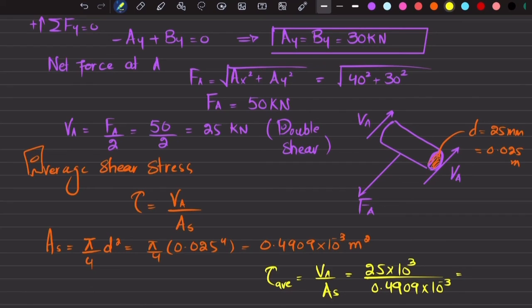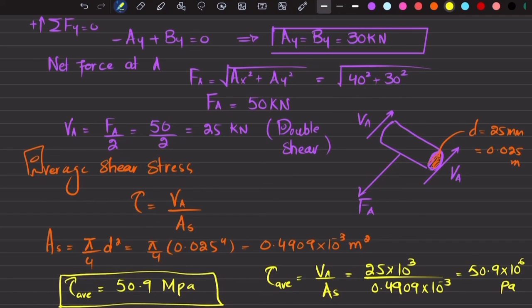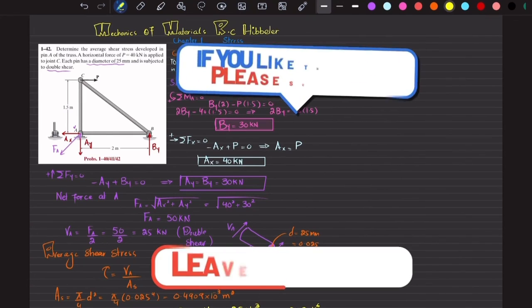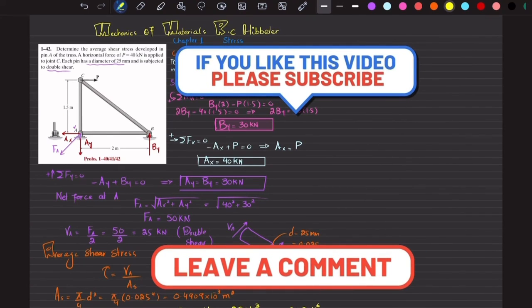And that will give you 50.9 into 10 raised to power 6 Pascal. And when you convert it into megapascal, it will be 50.9 megapascal. And this is the answer of this question. So the average shear stress developed in the pin at point A is 50.9 megapascal. And that was all about this problem 1-42.